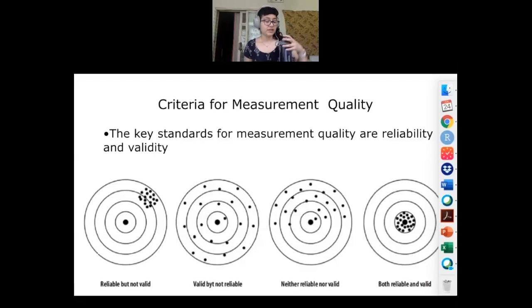When the outcome is 65, it's consistently giving 75. With the same input, it's giving the same output. They're always the same. But there's a gap between the two, so it's not valid. It's not saying the actual truth of the miles per hour the car is going. Therefore, it's reliable. Every time you put the input in, it gives you the same output, but it's not valid.